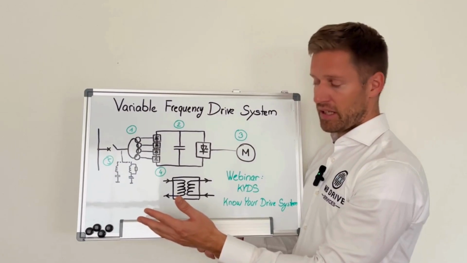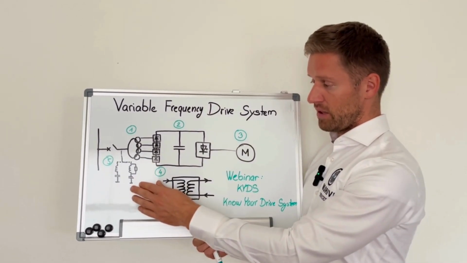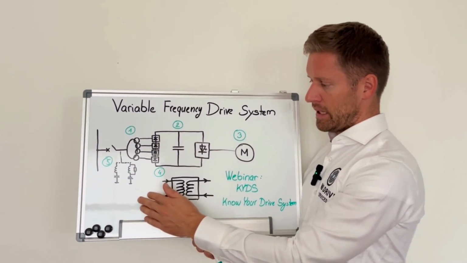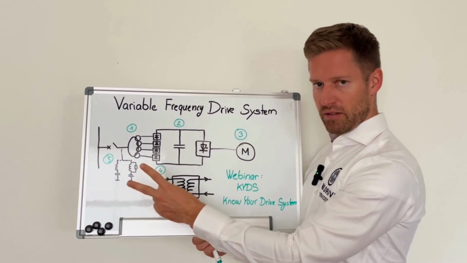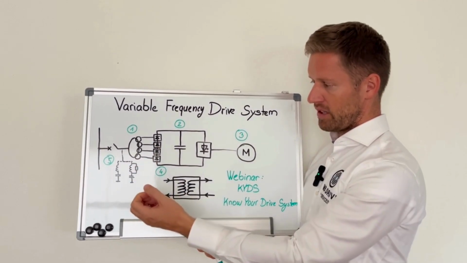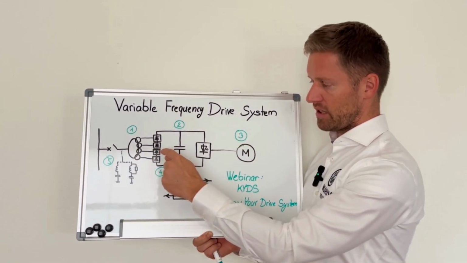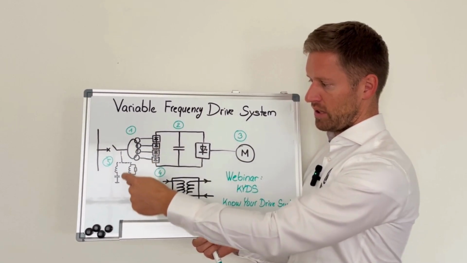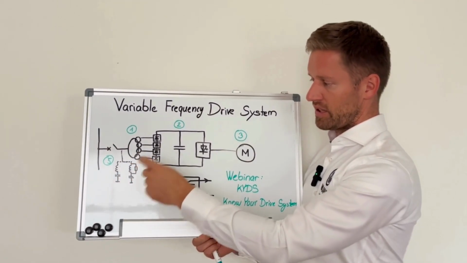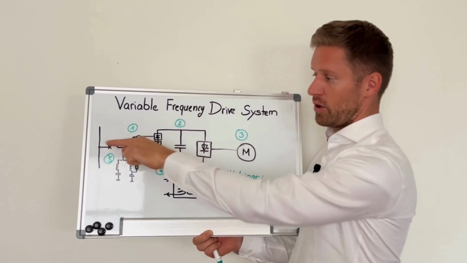Nevertheless, there are some cases where the harmonic filter might be required. That's why it's shown here. The filter has always dual functionality. One function is to absorb the harmonics, or to provide a path for the harmonics, so they flow into the filter branches. It can be one or more branches, rather than going into the grid.